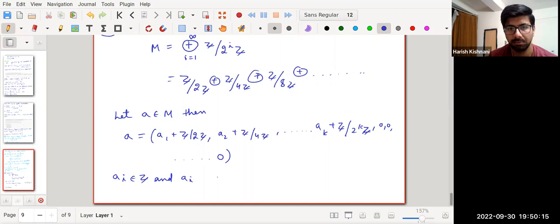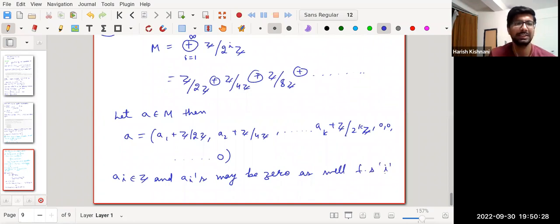Okay, so these a_i belong to Z, and a_i may be 0 as well for some i. So it's not necessary that you will get non-zero, but after a certain k you will have 0 in each coordinate, because you can't have infinitely many non-zero coordinates, right?